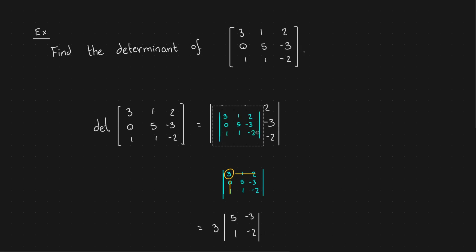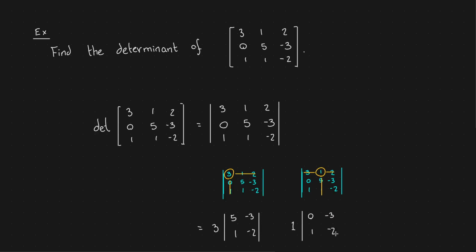Okay. Next, I'm going to do it for the next element in the first row. Imagine canceling out the row and column. And so I get 1 times the determinant of what's left over. And once more, need to finish off that first row.